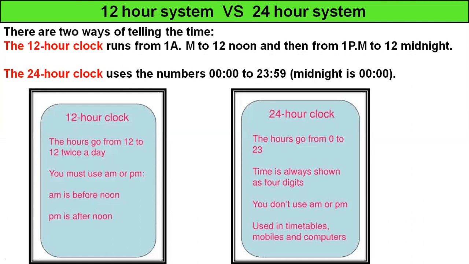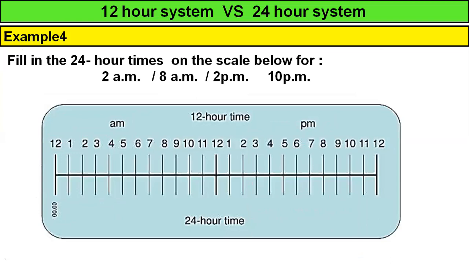In the 24-hour clock, the hours go from 0 to 23. Time is always shown as 4 digits. Look, this is it, 4 digits. You don't use AM or PM when you read it using the 24-hour clock. It's used a lot in timetables, mobiles, and computers. We can see the 24-hour clock.